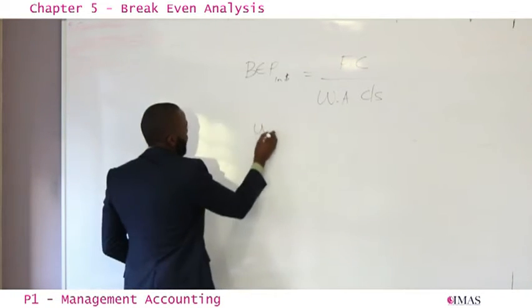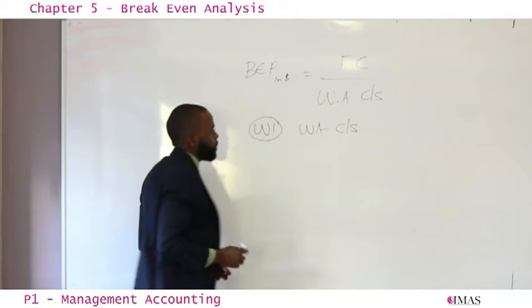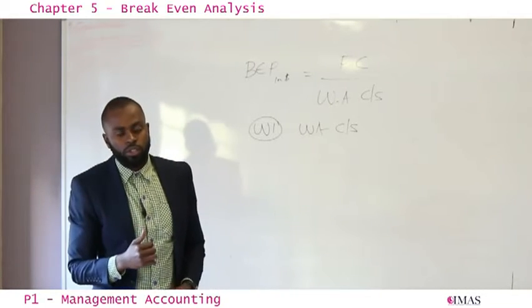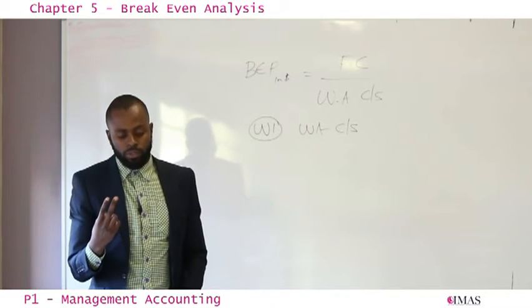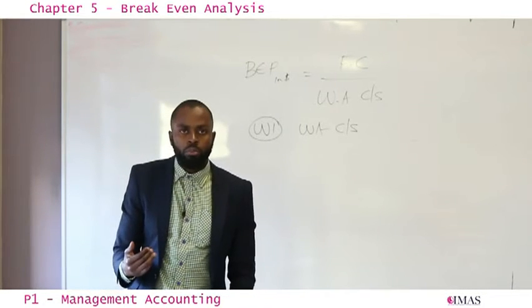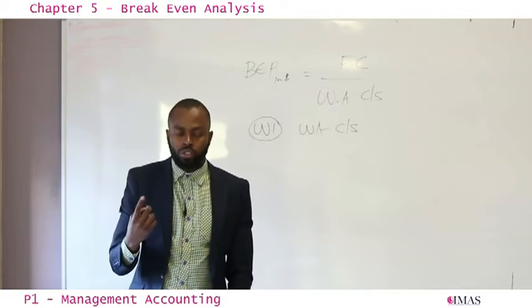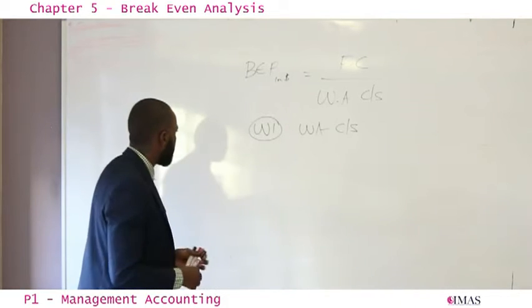So first we need a working to find the weighted average contribution to sales ratio. We said we have 2 ways of getting it. One, we can take the total contribution divided by total sales. With this question, it's not possible. There is no way we can get the total contribution or the total sales. Then it means we have to use method number 2.